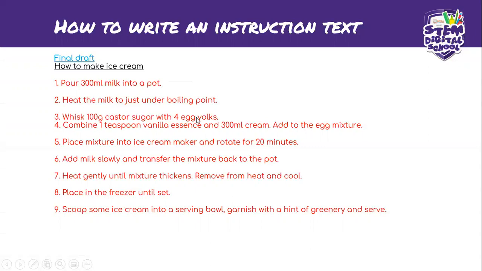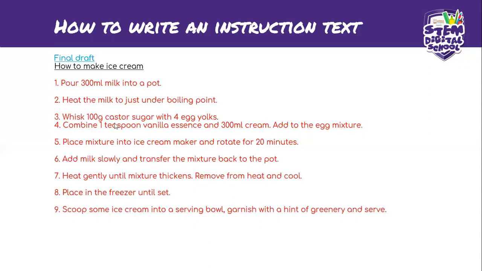So you realize that if you didn't write 4 egg yolks, our friend here was going to use the whole egg, and the ice cream was not going to come out the way it should. Number 4, combine 1 teaspoon vanilla essence and 300 milliliter cream, and add to the egg mixture.